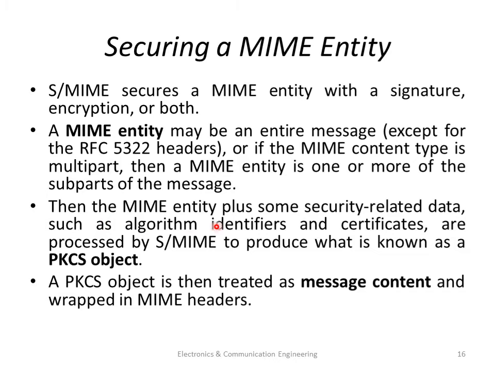Then the MIME entity plus some security-related data, such as algorithm identifiers and certificates, are processed by S-MIME to produce what is known as a PKCS object. The PKCS object is then treated as message content and wrapped in a MIME header. So this is how we can secure a MIME entity.